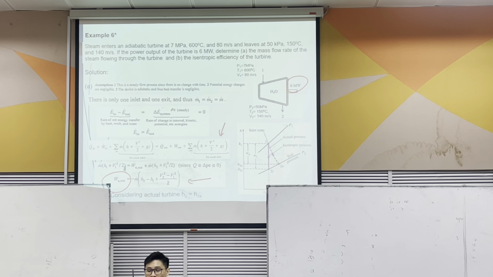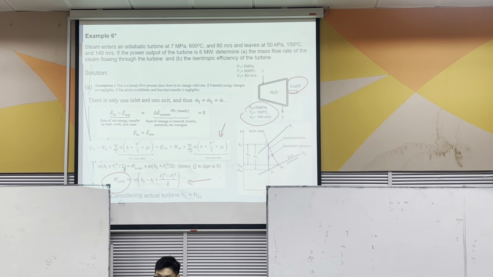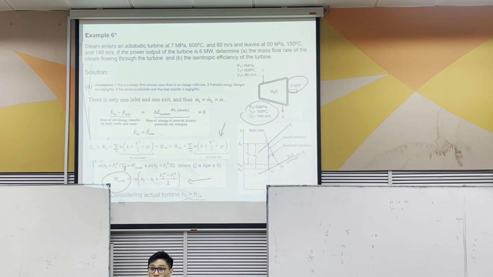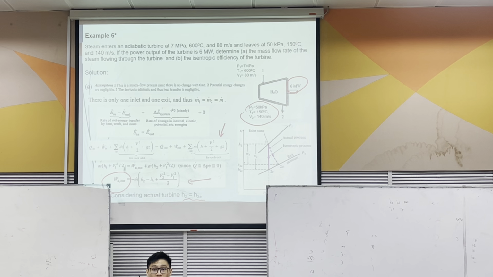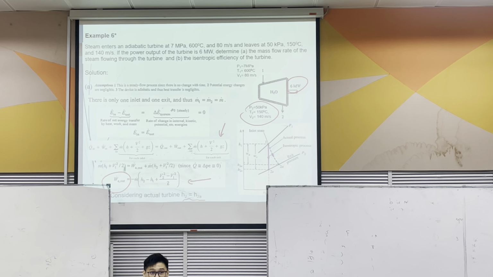One thing you need to be clear about is whether this H2 is H2A or H2S. If you look for the value based on what is given in the question itself, it is always the actual value, not the ideal or isentropic value.